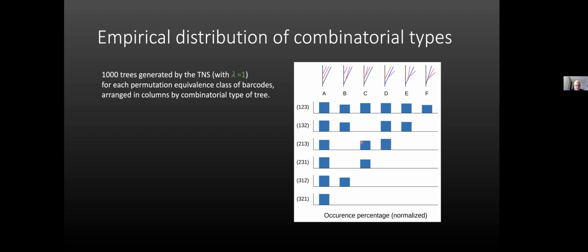So other questions? I think Faye also has another question here. Faye, you want to just ask? Yeah, sure. Just exactly at the slide that Kathryn posted, in this picture of the empirical distribution of combinatorial types, there seem to be those missing areas, right? You made a statement saying that the distribution seems to be much more complicated. Is there any intuitive explanation of those missing tree realizations in this table that you're showing on this slide?